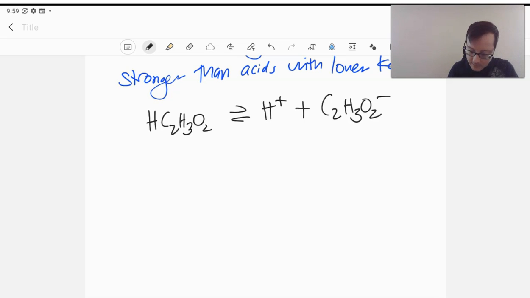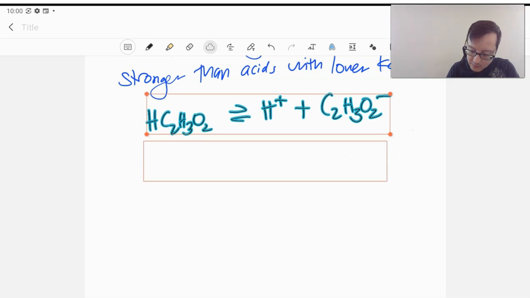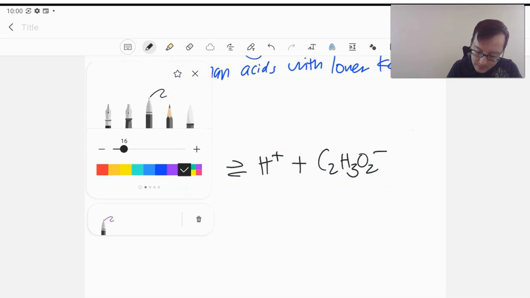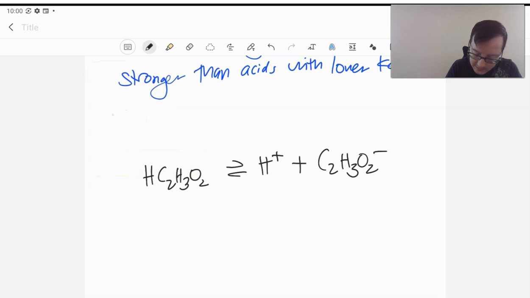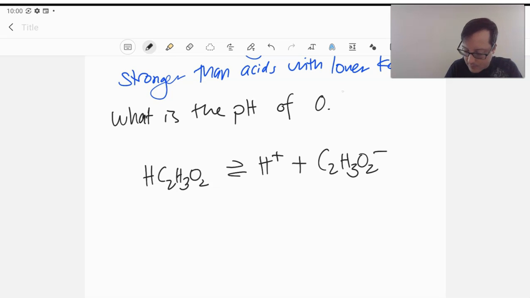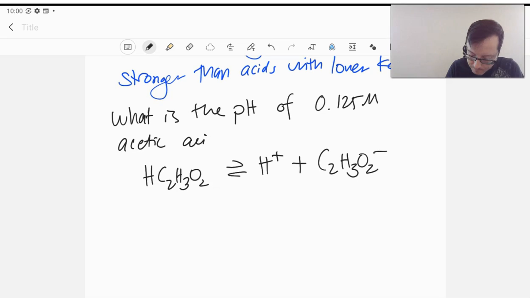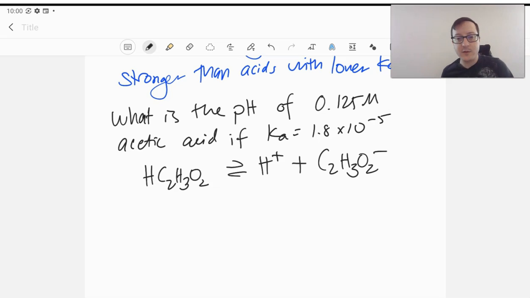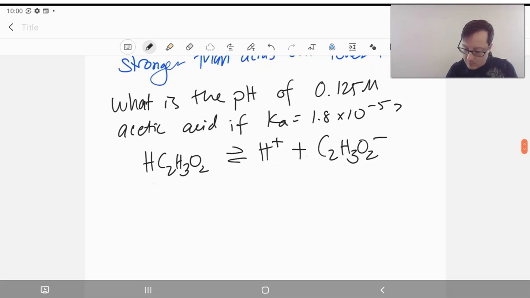Let me move my equation down here, and we'll write the question up top. What is the pH of 0.125 molar acetic acid if the Ka is 1.8 times 10 to the negative 5, which is about what it is for acetic acid?